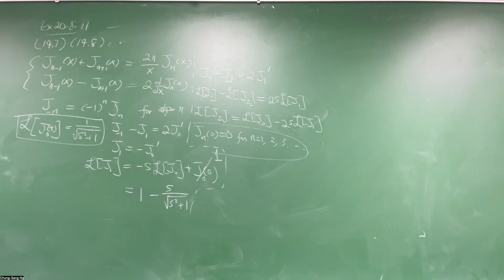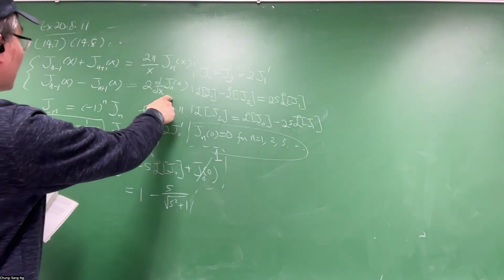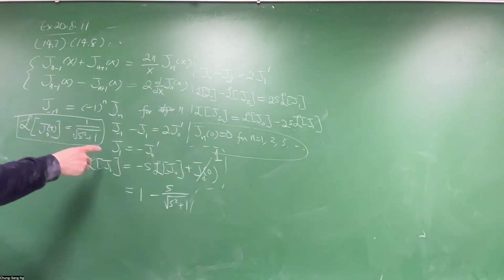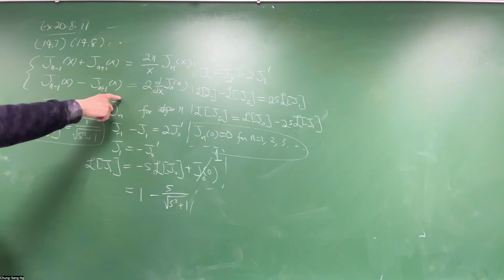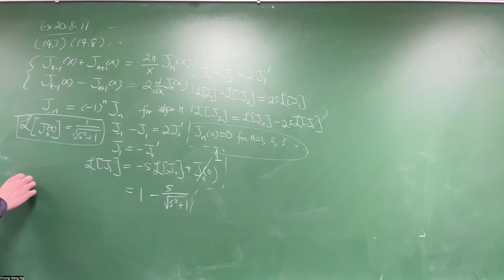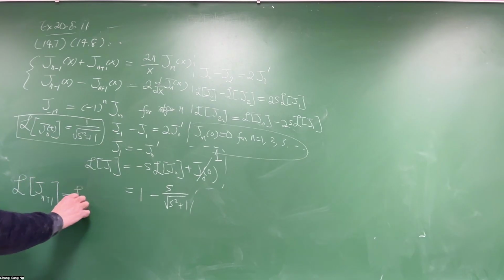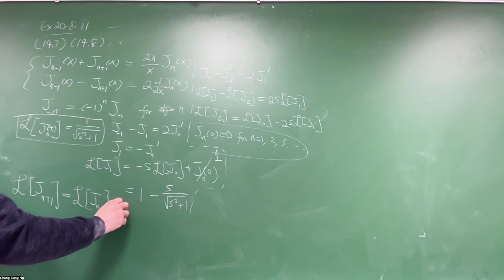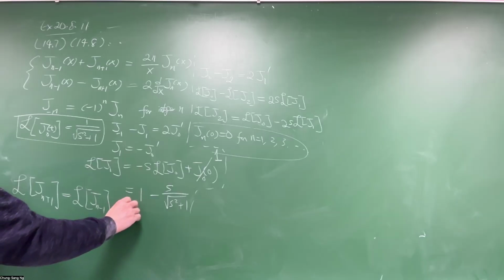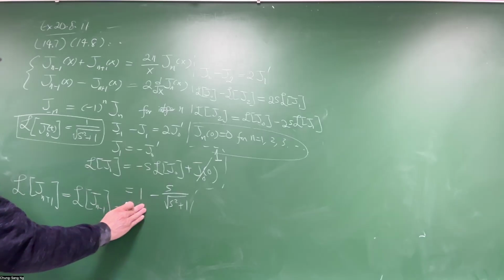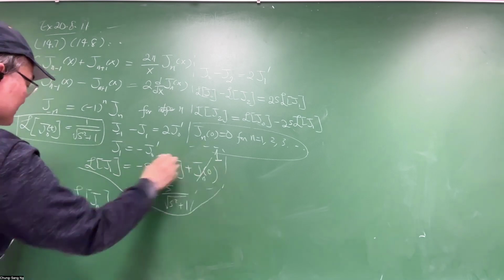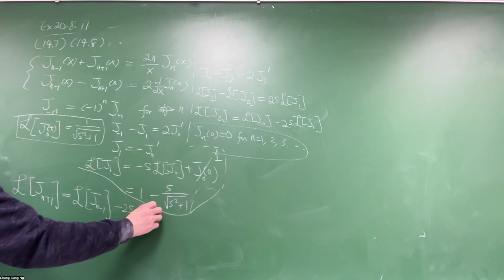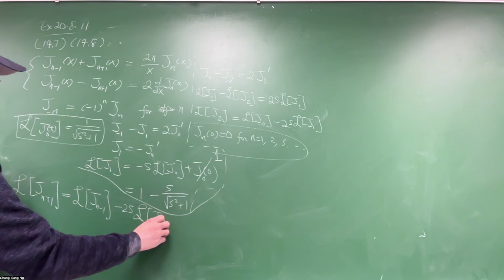Now you can do the general formula using just the second one. Just write it out explicitly: the Laplace transform of J sub n plus 1 is the Laplace transform of J sub n minus 1 minus 2s times the Laplace transform of J sub n.